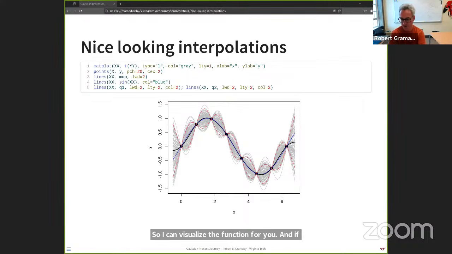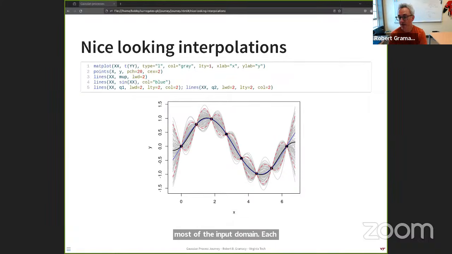So here is the outcome of this posterior predictive distribution. So the black dots are my 8 examples of sine of x. The blue line is the true function, which goes right through those black points. The black line is my mean vector on the testing grid. And you can see that that's very close to the truth for most of the input domain.